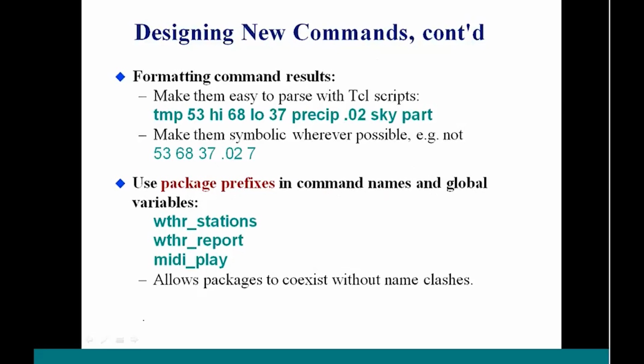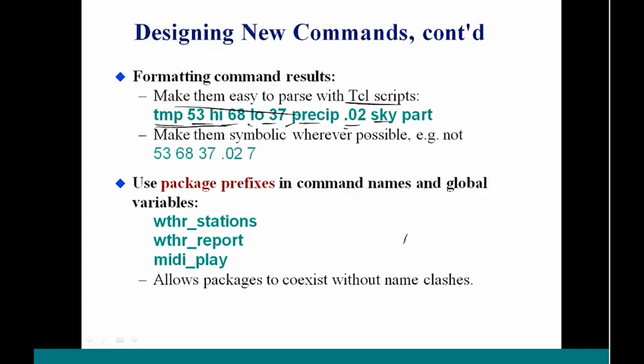Now how do you format the new commands? Usually the preferred way is to make them easy to parse with a Tcl script, so that somebody else who writes a Tcl script can easily parse your command results. For example, here: temp 53, high 68, low 37, precip 0.02, sky part.